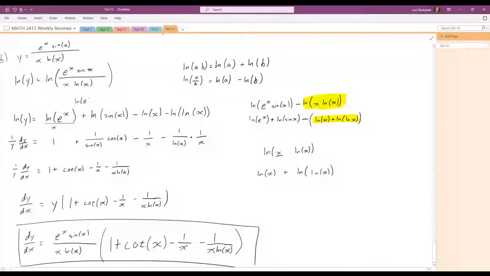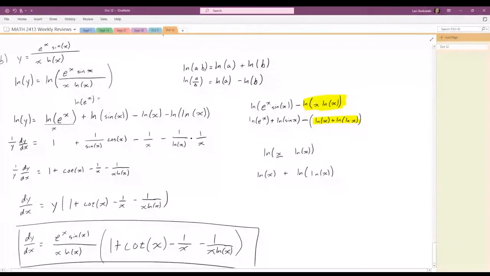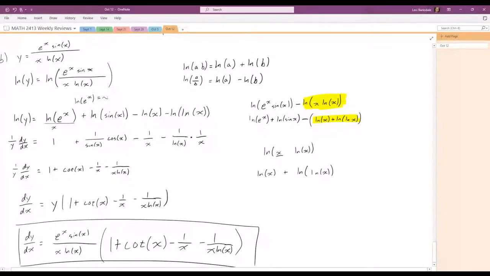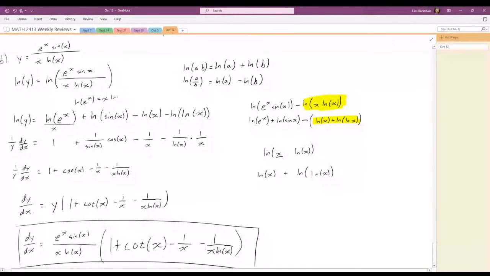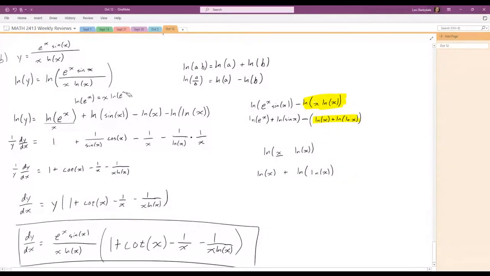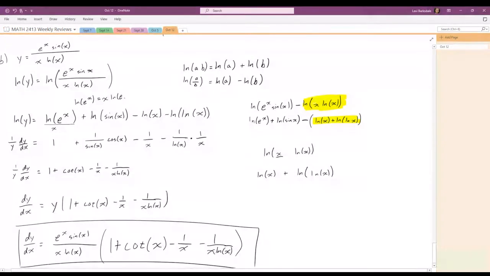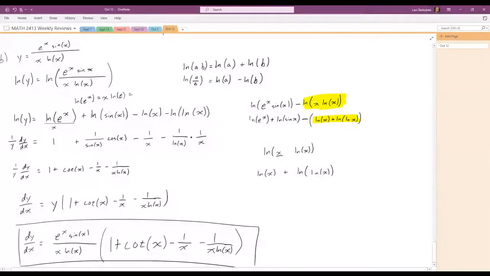Natural log of e to the x, I can actually simplify. Using one of my log rules, I can bring the x down as a coefficient. That gives us x times natural log of e. But natural log of e is one of the values of natural log that we know. It's just 1, so x times 1 is just x. And then I took the derivative of x, and I got 1.